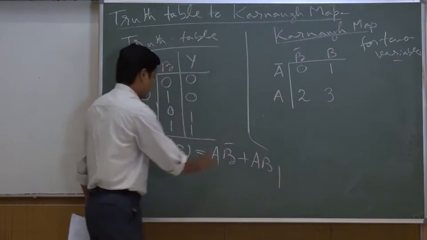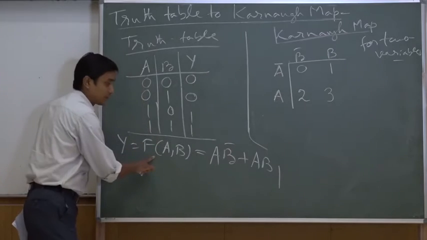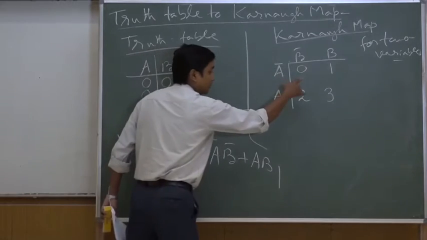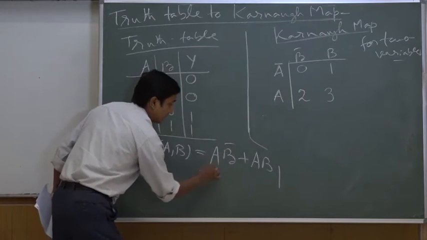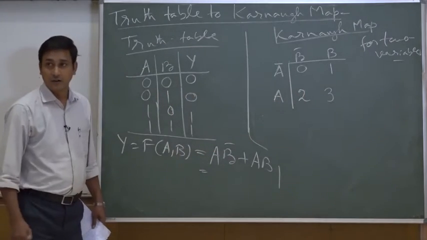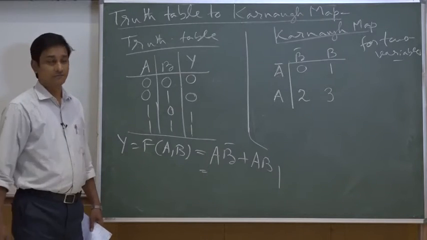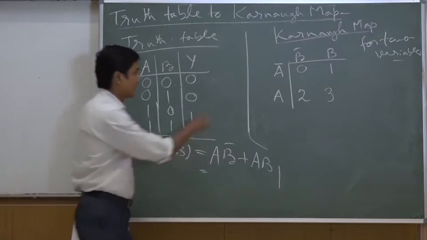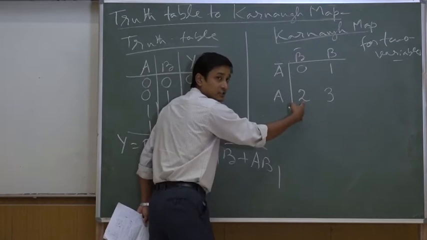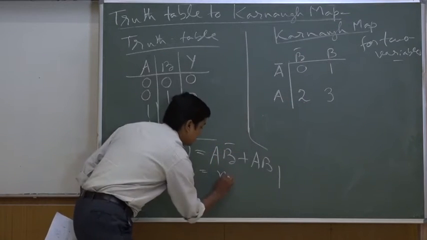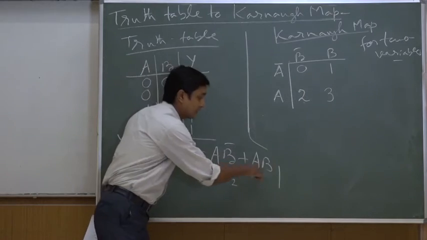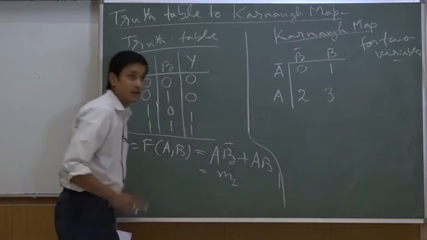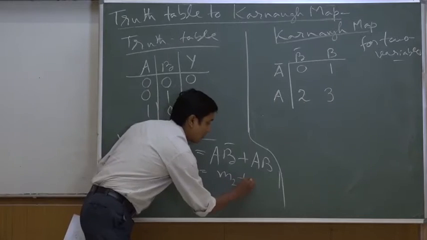Now, if I want to relate this expression in terms of these min terms, can you tell me A B bar, what is it? A B bar is 2, so it is M2. And this one is M3.